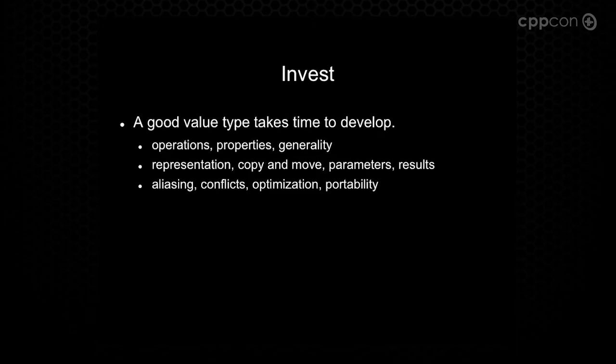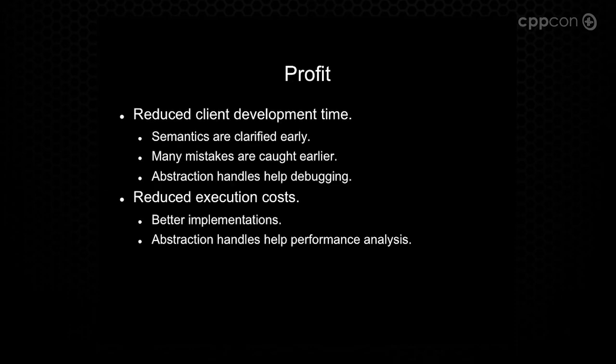Let's see if we can sum up. First thing is, value types are an investment. It takes time to develop a good one. There's a lot of issues to look at. But once you're done, you have opportunity for lots of profit. The clients of your type don't have to worry. Their development times are faster.